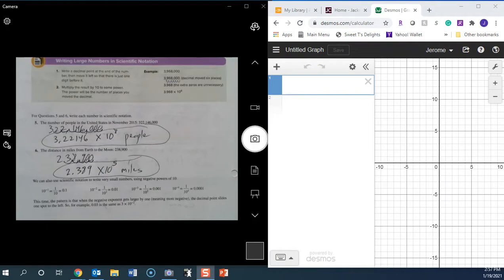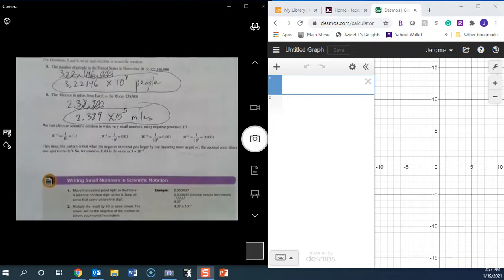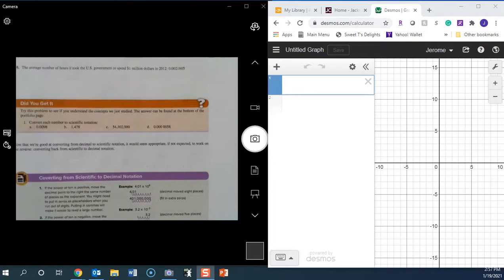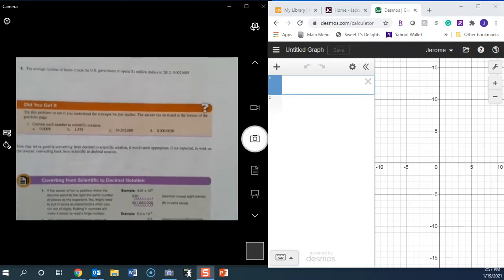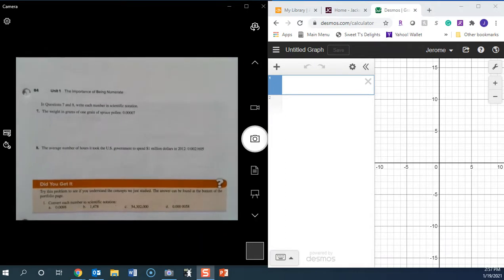Now, it says we can also use scientific notation to write very small numbers using negative powers of 10, which is illustrated here. Now, the only difference between these two here is that you're going to be moving a decimal to the right and have a negative exponent, which is explained down here at the bottom of page 83. Now we go here to page 84, right here at the top.